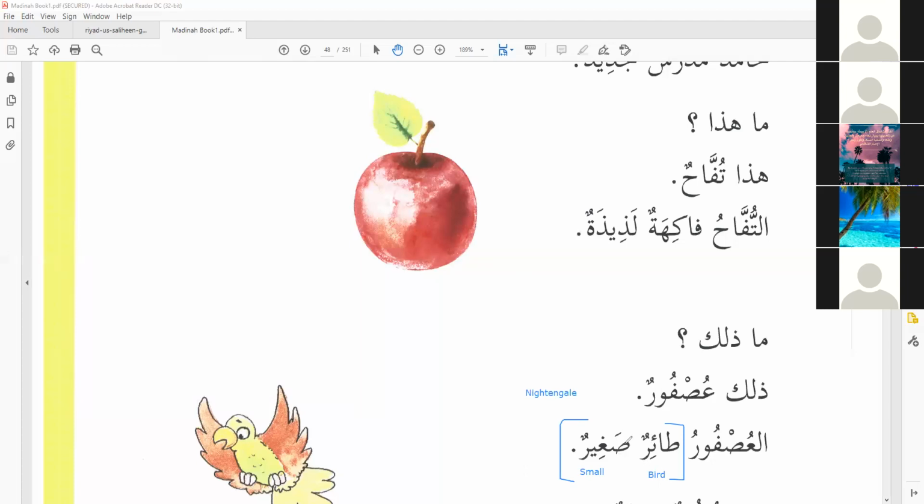And we notice that both of them are masculine. We know both of them are marfu' because they are the khabar, and both of them are nakira, indefinite, and both of them are singular. So we see how they agree in those four things. Great job.